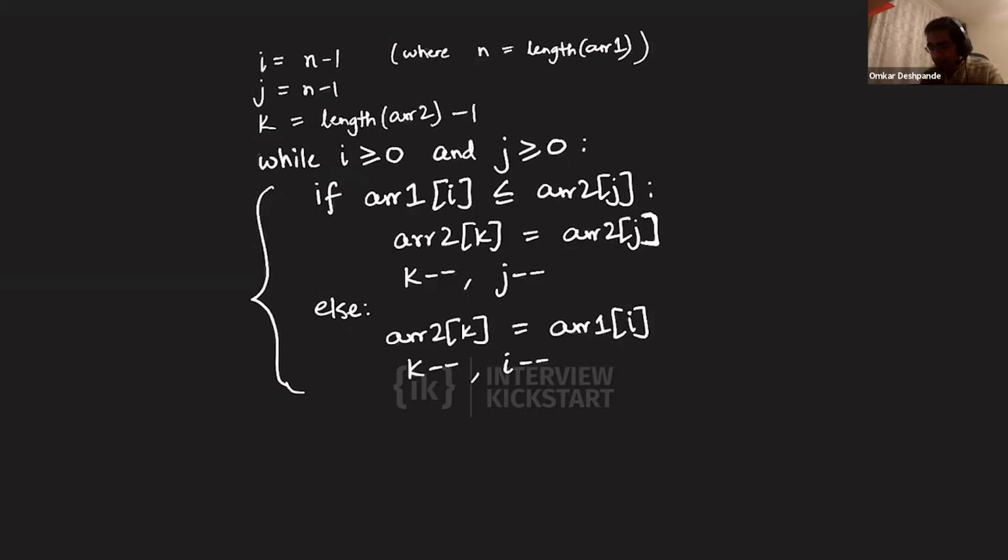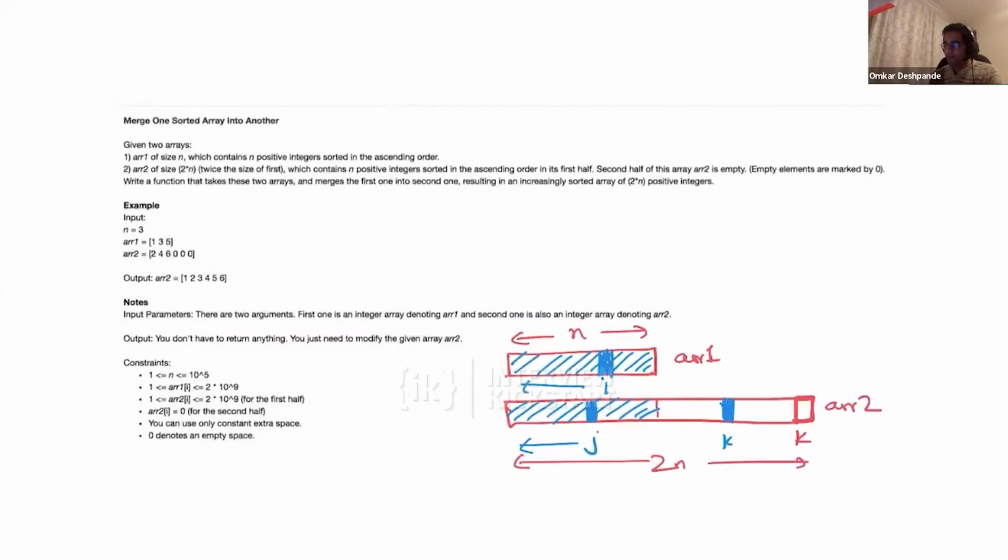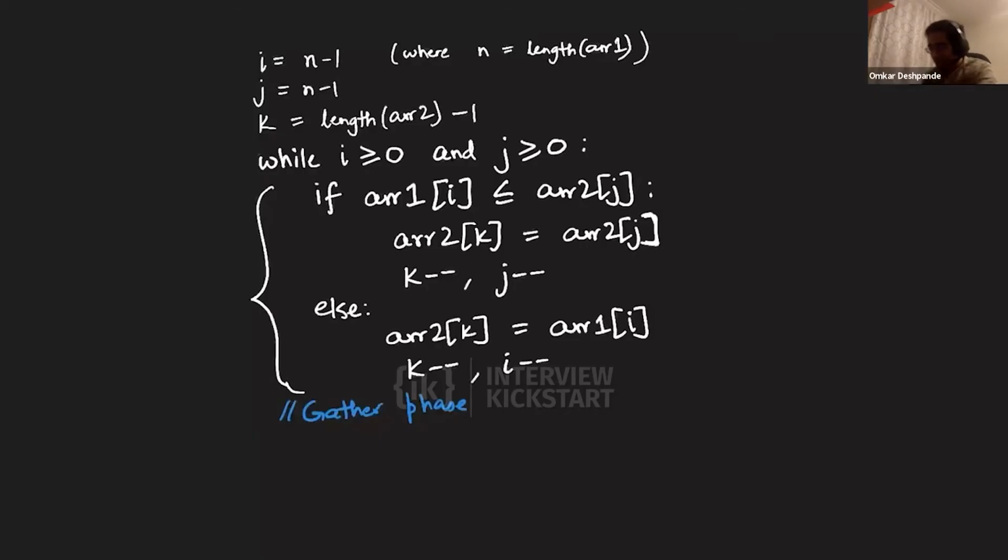So we again need a gather phase to gather together the numbers in the other array. Let's say the j pointer jumped off. That means we need to collect the remaining values from the first array and add them to the merged output.